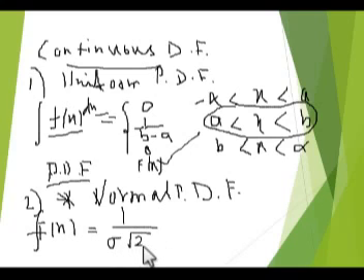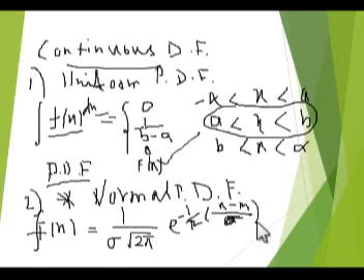Try to remember this very important form: exponential of minus half, and in the index minus half of (x minus m by sigma), where m is the mean or average, and sigma, to the power whole square. So exponential of this.